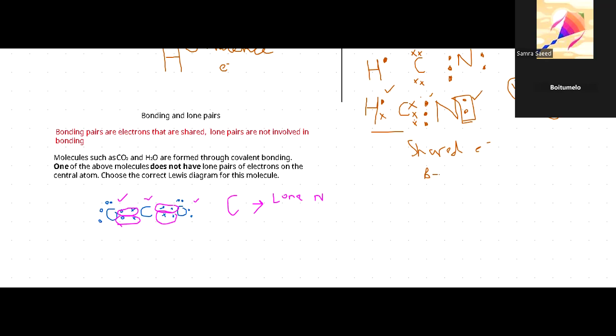Then how many lone pairs does oxygen have? We're only going to look at one oxygen because it's exactly the same thing on either side. How many lone pairs does oxygen have? Two. Two, not 4. Two lone pairs. Okay, you know it.